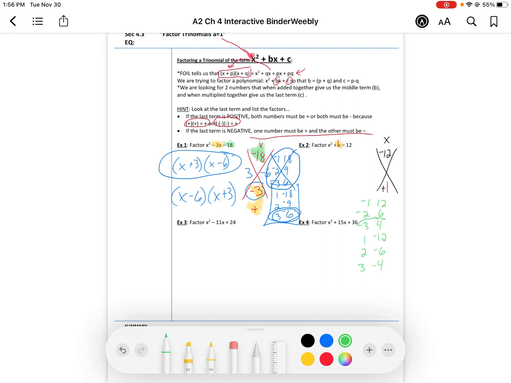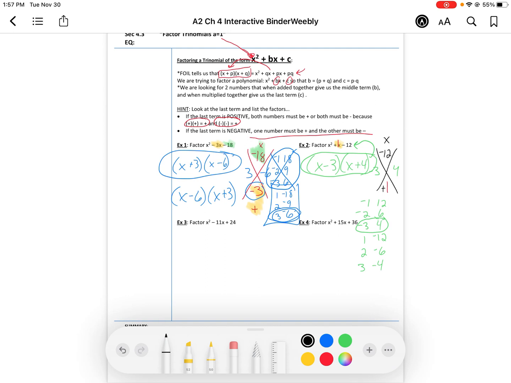But it's this pair right here that multiplies to negative 12, like all the other pairs do, and that pair also adds to positive 1. So x minus 3 times x plus 4. Again, this is my answer, the factored form. If I were to FOIL this together, I would get the original polynomial.